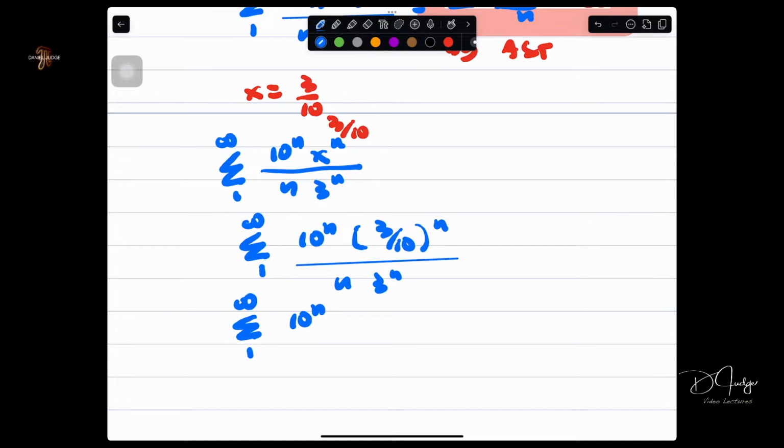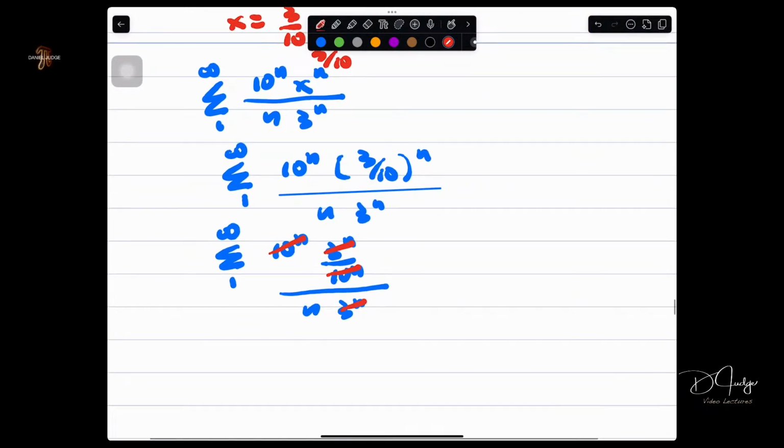This is 3 to the n over 10 to the n, over n times 3 to the n. As you can see, this term goes away and this term goes away. You really end up with the very famous divergent harmonic series, 1 over n.